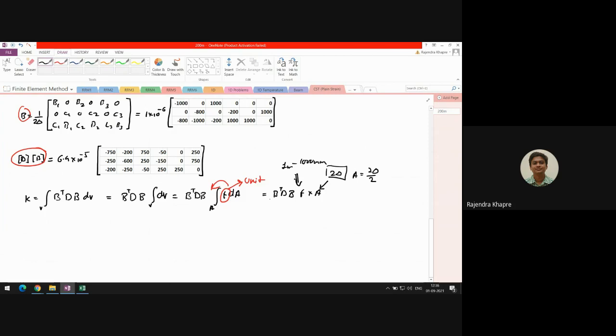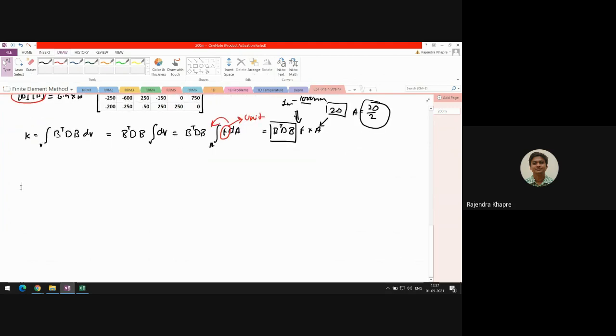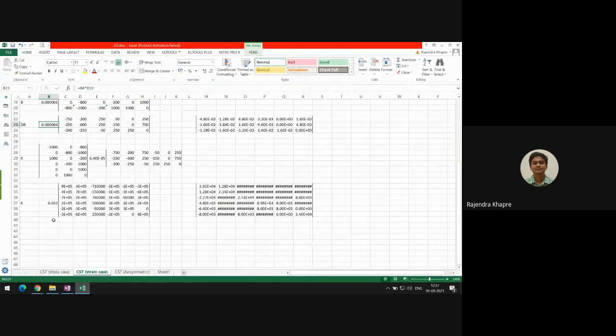So we just multiply these three matrices with 1000, and with this 2 delta divided by 2. As a result, finally you should be able to get the value of k. Your final k matrix will be k1 matrix, that is the stiffness matrix of the first element.